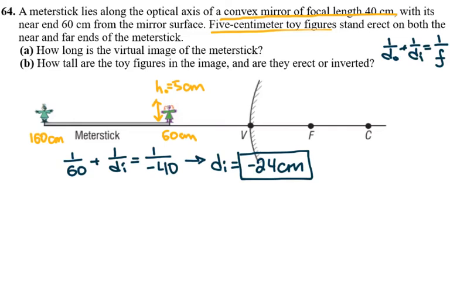If I try to draw the lines for the convex mirror, I have a ray parallel to the axis, but the ray cannot go through the focal point, so it's going to be reflected in this direction. Then I have a ray toward the focal point, and again it cannot pass through, and then it is reflected parallel to the axis.